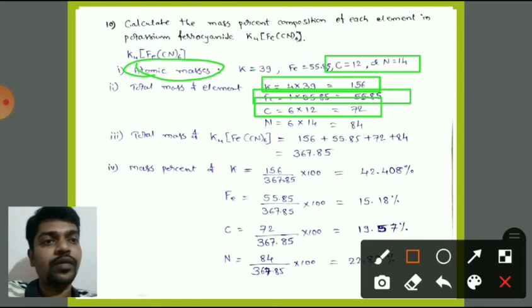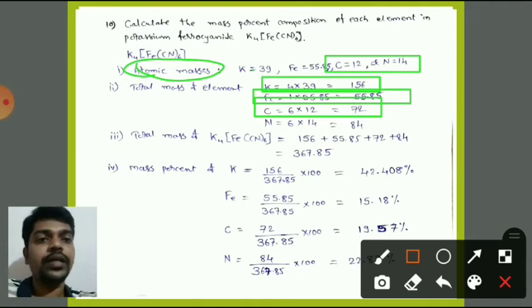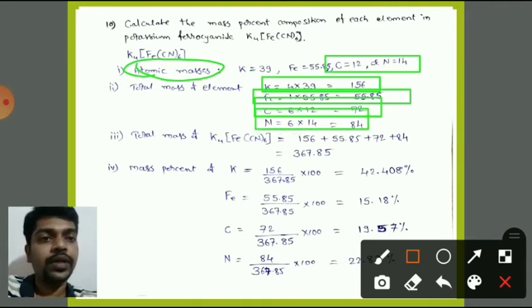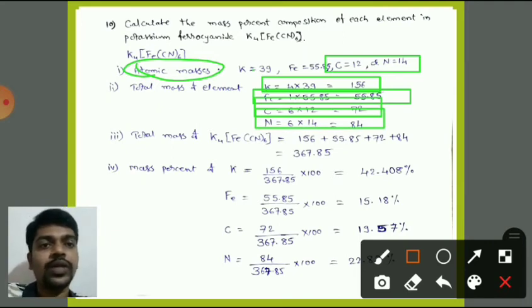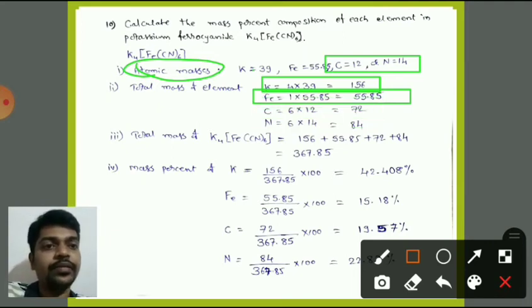In a similar way for nitrogen, it becomes 84 because 14 into 6. So these are the total masses of each element.